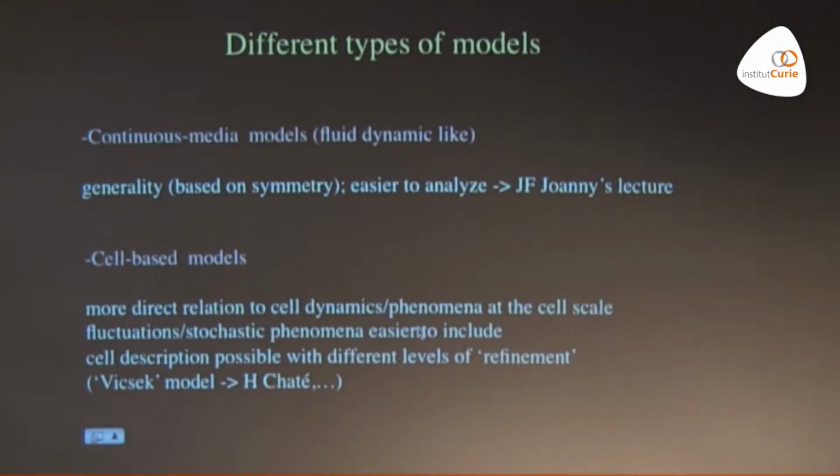So now, what are the models for collective cell motion? So there are different types of models. One type is, as you heard in the previous lecture by Hugues, just continuous media models. So you write this kind of hydrodynamic equation for the velocity with different terms, usually based on symmetry arguments.